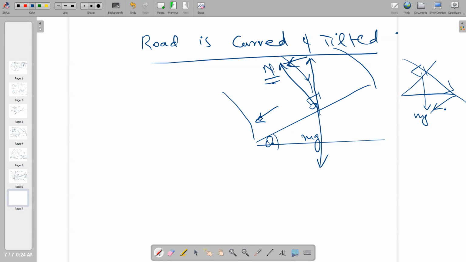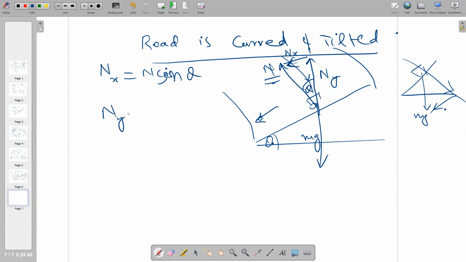So the normal has two components, one along the y-axis and one along the x-axis. If this is ny and this is nx, then nx is, this angle is theta, nx is equal to n sine theta. Sorry, not cos theta, here it is n sine theta.